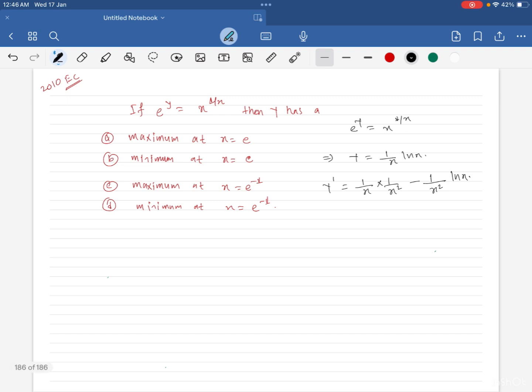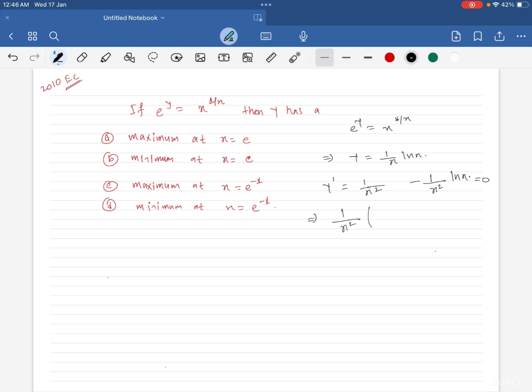Now we can equate it to 0. So 1 by x is there, and the derivative of ln x is 1 by x, so that will be 1 by x square.